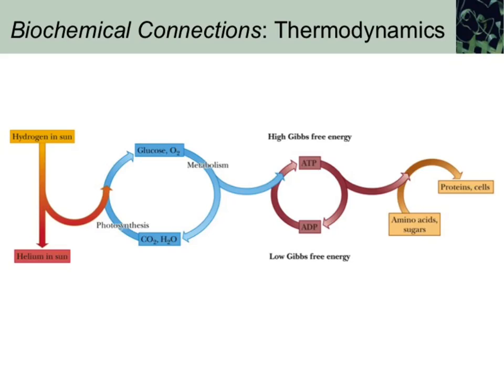Each of those has to loop back down and around. So as we process glucose to make ATP, we also go through and make CO2 and water. So what we're looking at at the top of this curve is all our high energy states. So we got a lot of high energy up top, and we got low energy at the bottom.